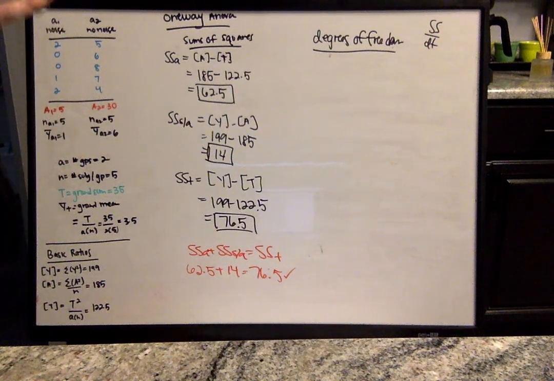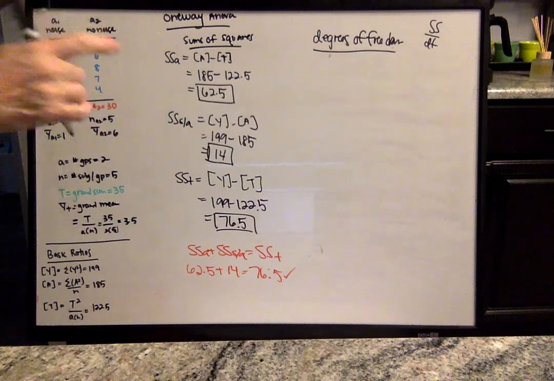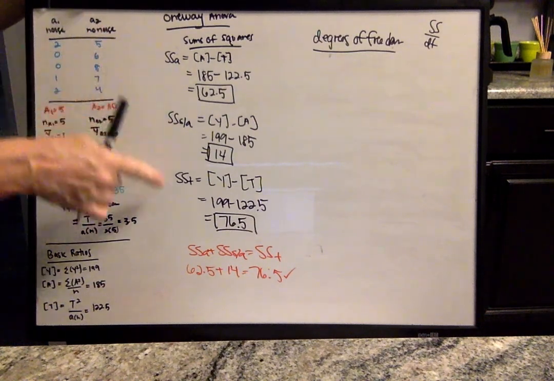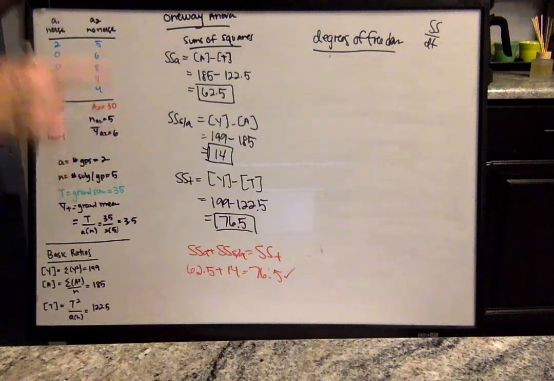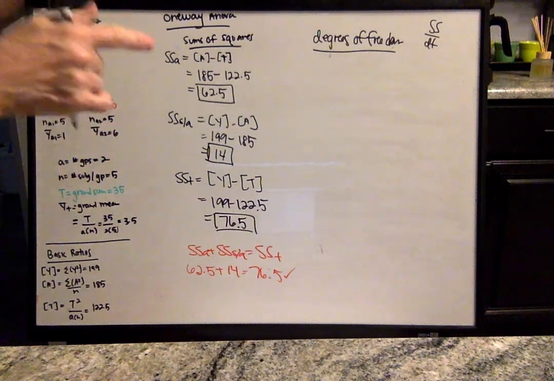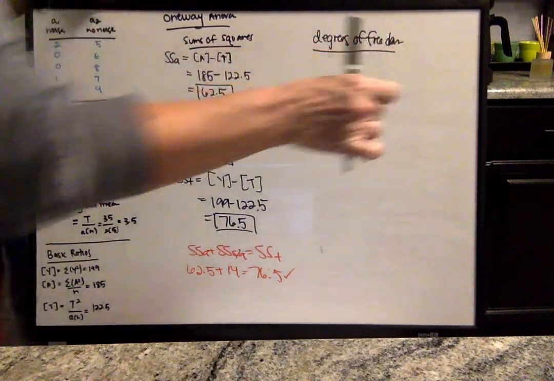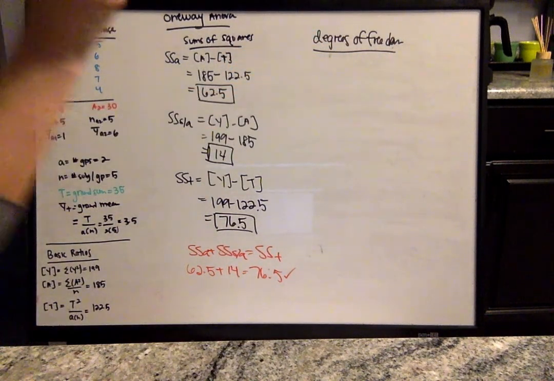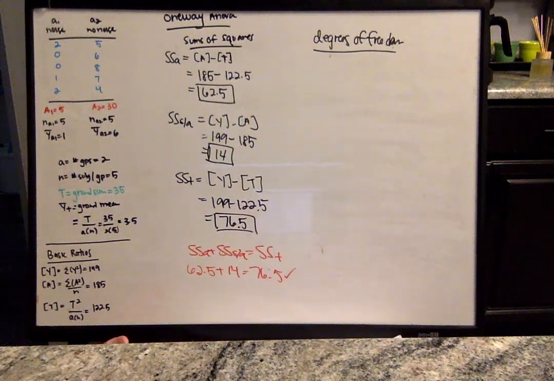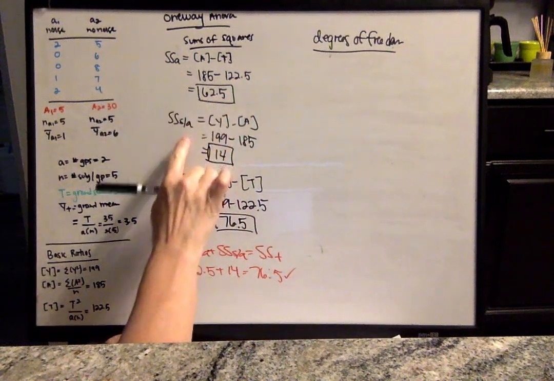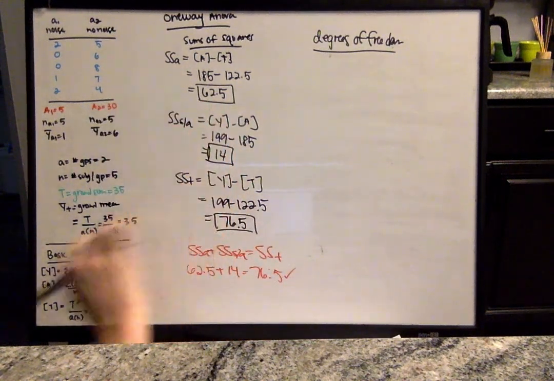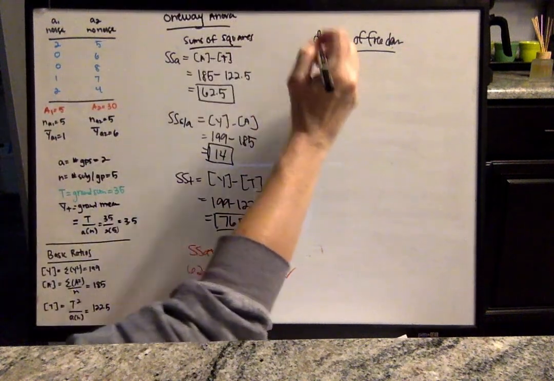Now, when we did this for the last exam, we only had one sum of squares, so we only had one degree of freedom. But now I have 3 different sums of squares, so I'm going to have 3 different degrees of freedom that correspond to them. I'm going to show you the formulas for calculating these degrees of freedom.